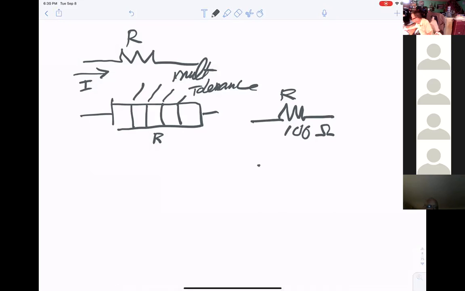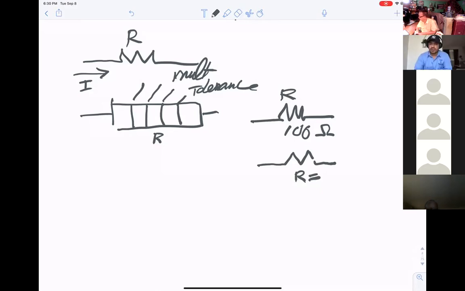If this resistor looks like that one here, what's the value? You need to tell us the color on that resistor, don't you?